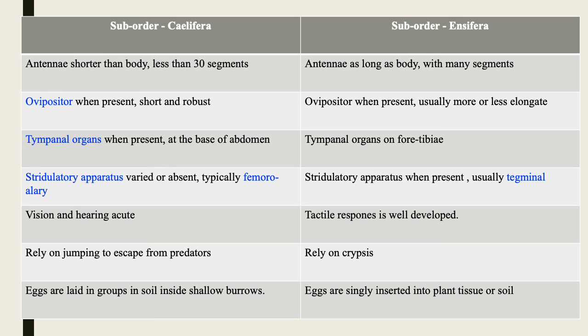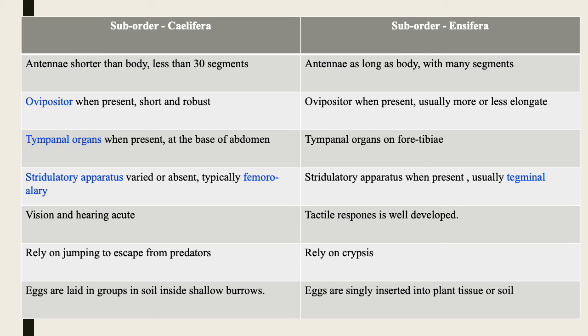So this is about order Orthoptera. This particular order is economically important too. It is a dominant group in most terrestrial habitats. The insects of this order feed on plants and often cause serious economic damage.